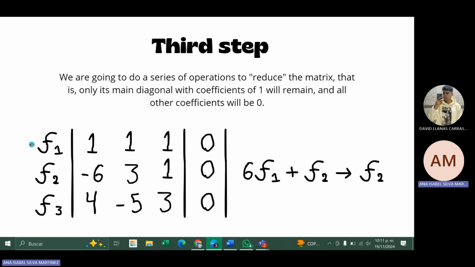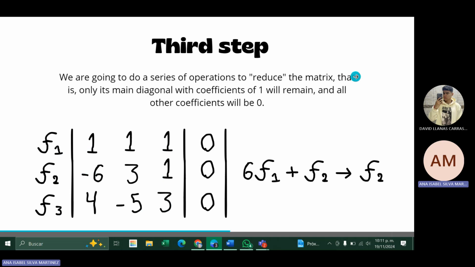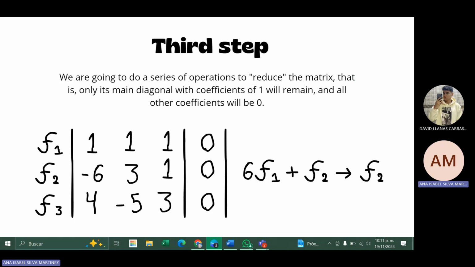And for better organization, we call them row 1, row 2, and row 3. Well, the first step to start multiplying, dividing, and all of this is to multiply row 1 and add it to row 2, and the result is going to be written in the second row.